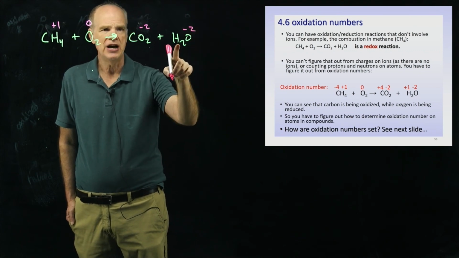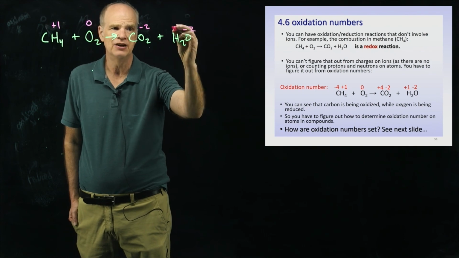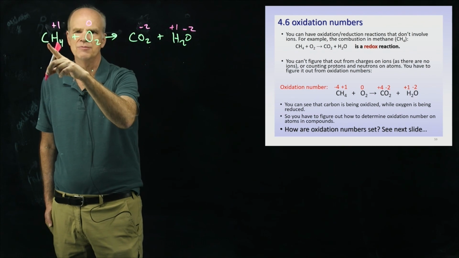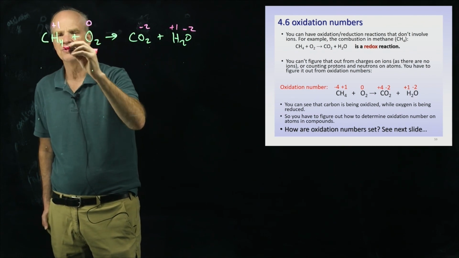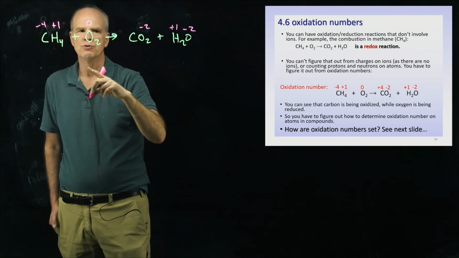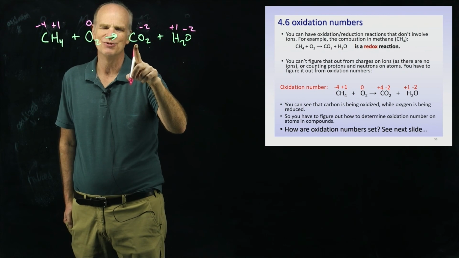Okay, so this hydrogen here in water, because it's hydrogen bound to another atom in a compound, also has an oxidation number of +1. Now, carbon, you'll learn, and you'll be able to figure out later on, has an oxidation number of -4. So the question is this: does this carbon have the same oxidation number of -4?